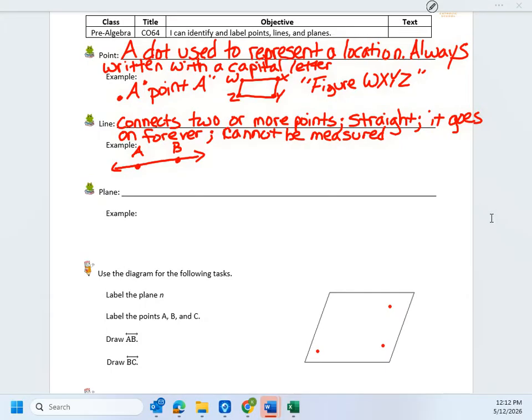We could call that line AB with the arrows above the AB.